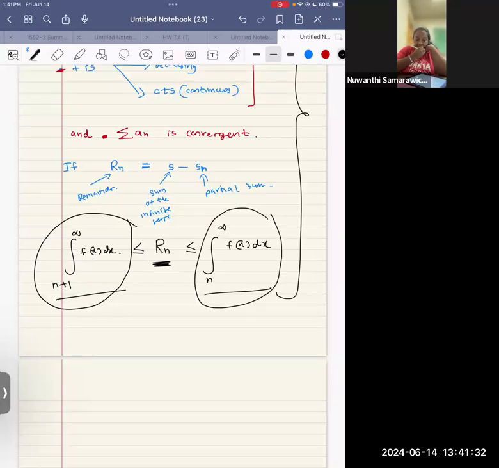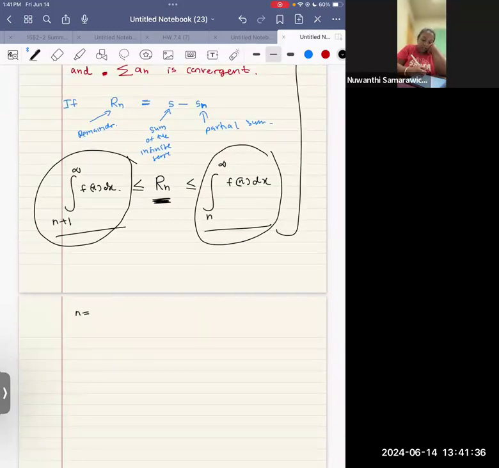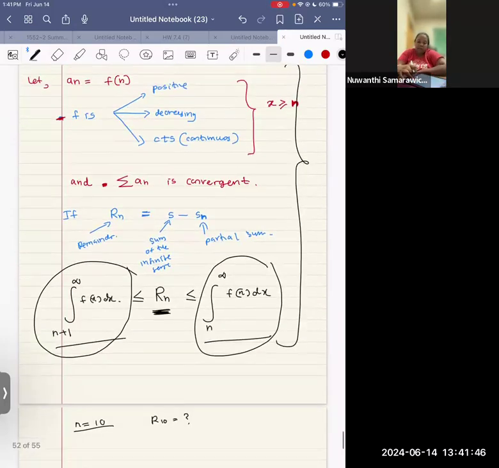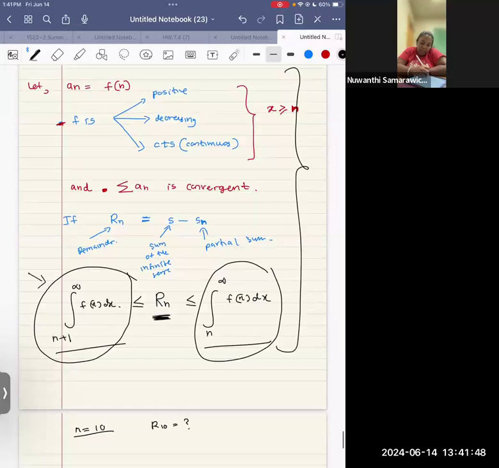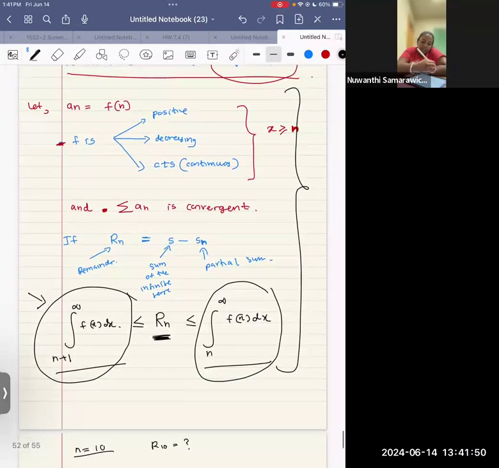In the question, n is equal to 10, so we have to find R10. But to use this estimate, we have to satisfy all these criteria.